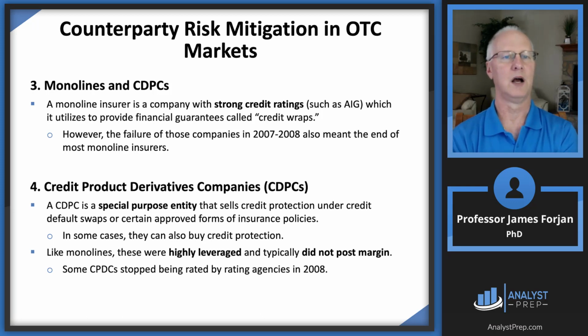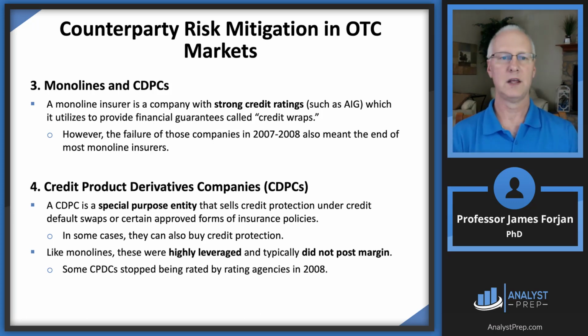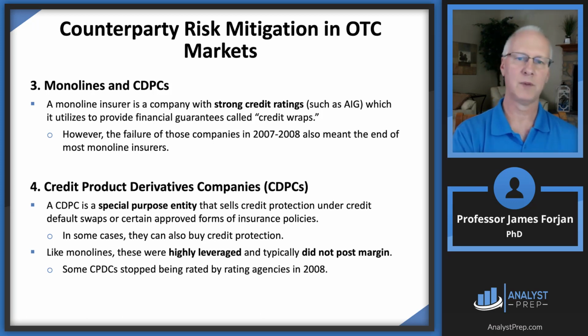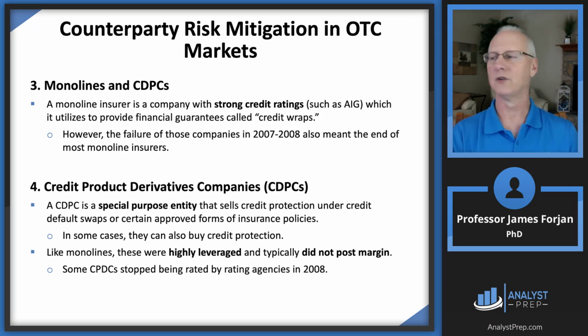Now, about a monoline insurance company. So mono, what does that mean? One, and typically it means that this insurance company is going to do just one thing. What they're going to do is typically insure a bond. So this company over here issues a bond, and this monoline insurer comes in and says, oh yeah, I'll help you. If you can't pay the par value of the bonds at maturity in 20 years or 30 years, or 100 years, if it's that Walt Disney bond that was issued 20 years ago or so, then I'll go ahead and pay that principal.